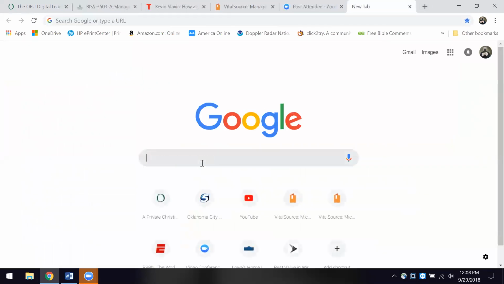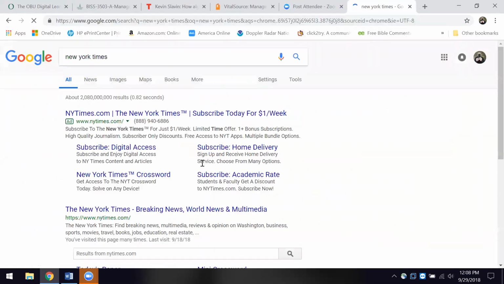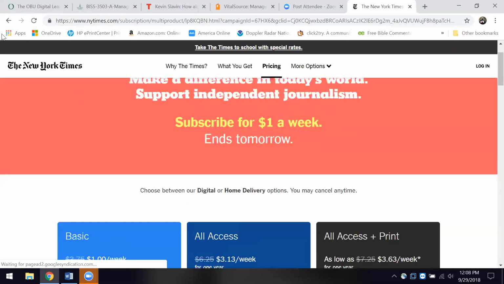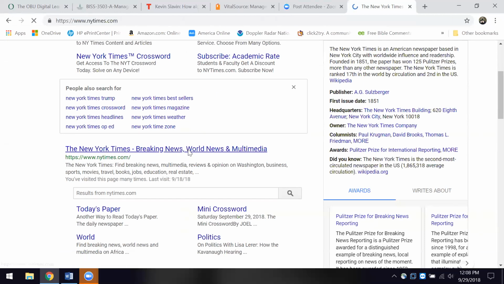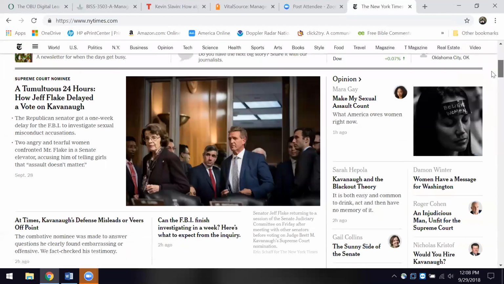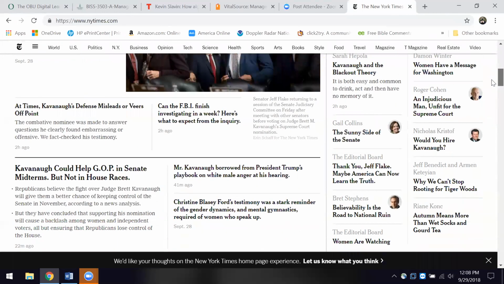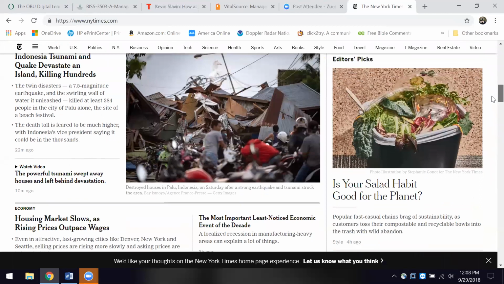I'm going to go over here to the New York Times. I'm already a subscriber, so I just need to go to the Times itself. And in addition to the issues going on with the nomination of Judge Kavanaugh, we're also dealing with yet another one of these data breaches.